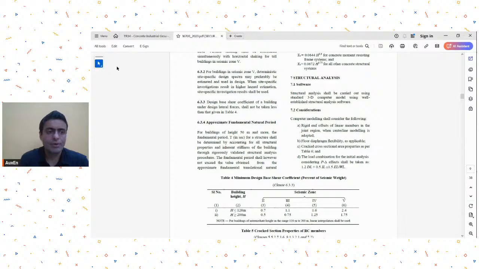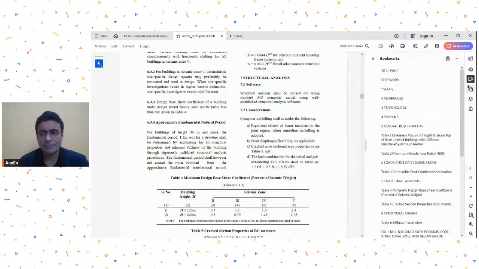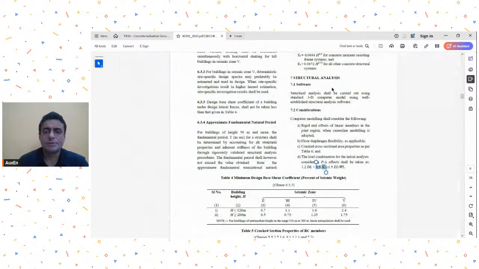Now, what is the reason for this 0.5 live load? Why not the full live load, or the 1.6 live load factor which is given in ASCE for combination with lateral loads? The ASCE 7 itself gives the reasoning for why we are not taking the full live load. Because live loads are variable, and when the lateral loads are acting, at that instant maybe the full live load is not present.